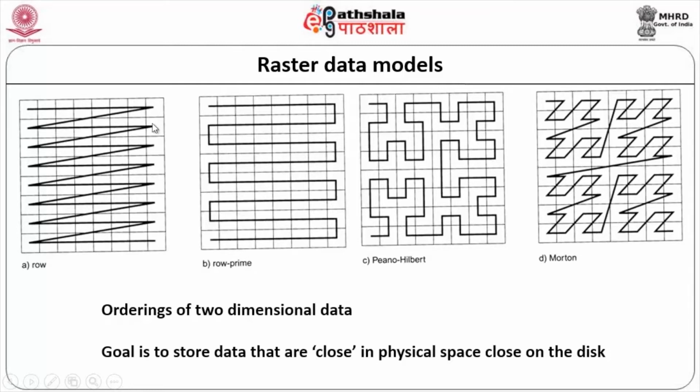Obviously, when I go here, I am not going to come like this, that is a row prime, you can see the difference, 1, 2, 3, 4, 5, 6, 7, 8, then I will have to again come back to here. So, this is the row technique, it goes like this, goes like this, goes like this.